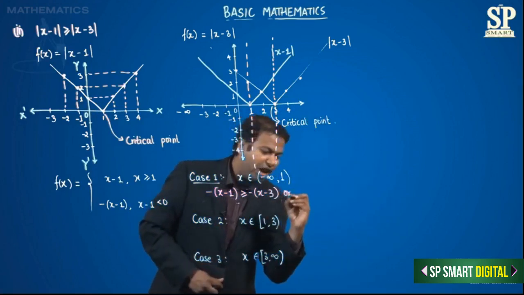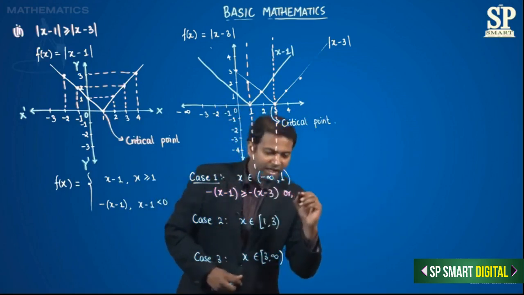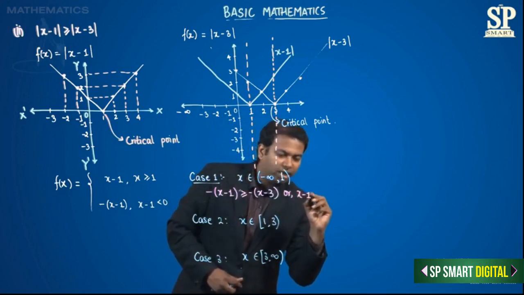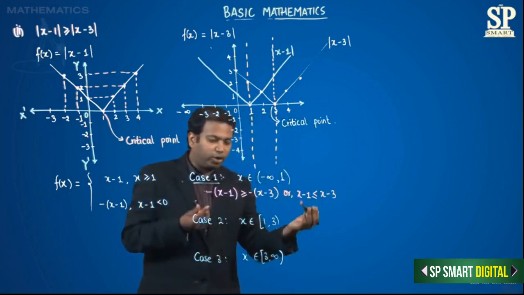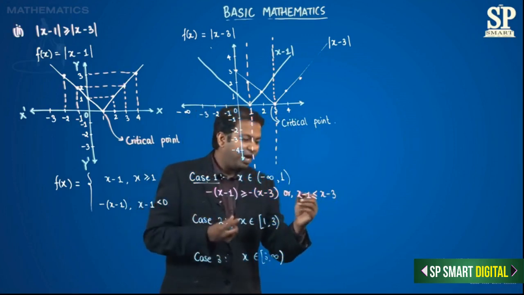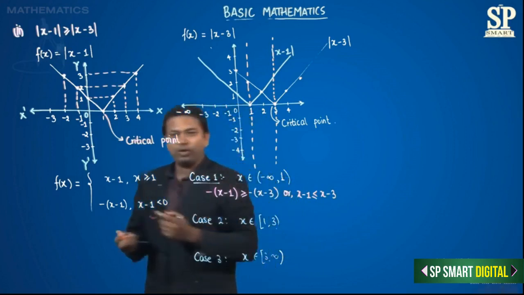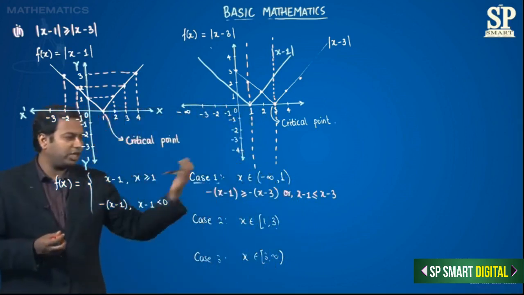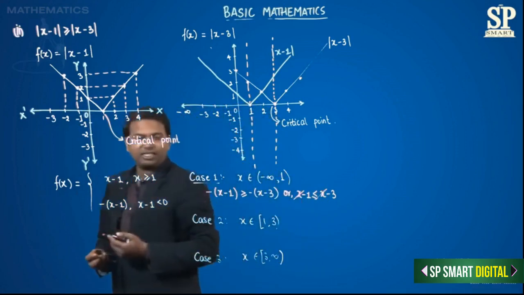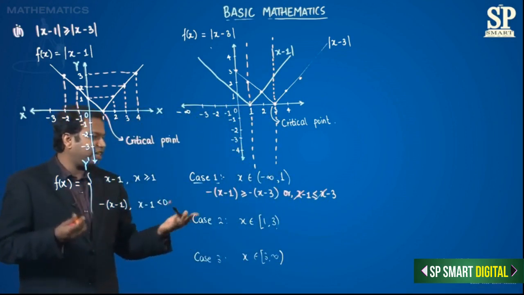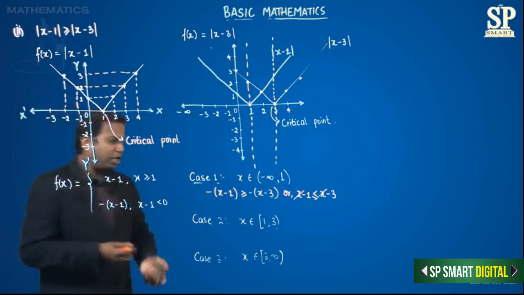So what we will have is x minus 1 is less than equal to x minus 3. And if we look at this, we find that x cancels out, and hence there is no solution in this case. It does not give us a valid solution.